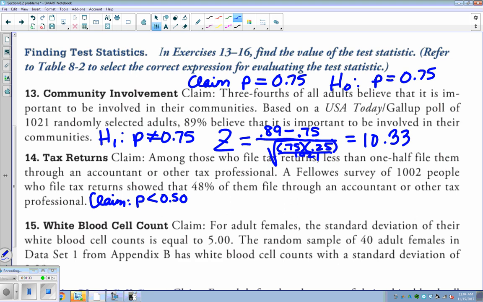So now that I've established my claim in symbolic form, I'm ready to write my null hypothesis. We know that our null hypothesis can only be equal. We don't have a choice. So our null hypothesis is going to be that P is equal to 0.50.